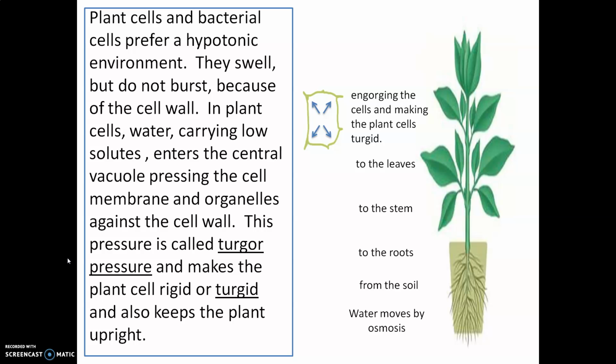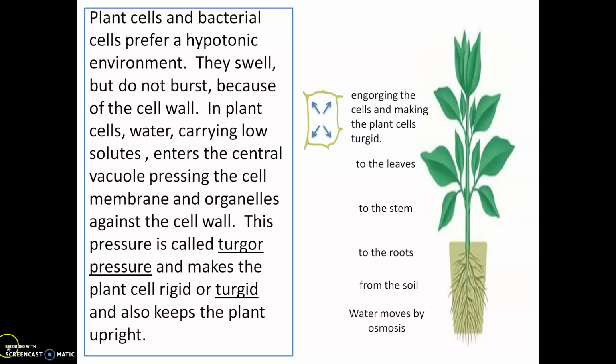So it will actually allow the plant to stand upright and it won't wilt over. If the turgor pressure decreases, then you will see a plant droop or wilt because that pressure isn't being exerted on those cell walls. So a hypotonic environment is good for plants, good for bacteria and unicellular organisms, but bad for animal cells.